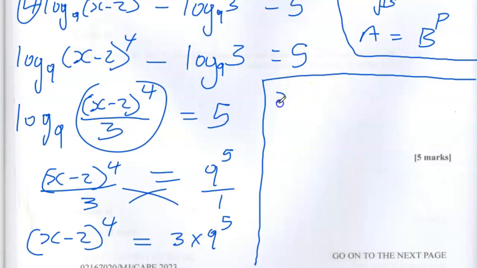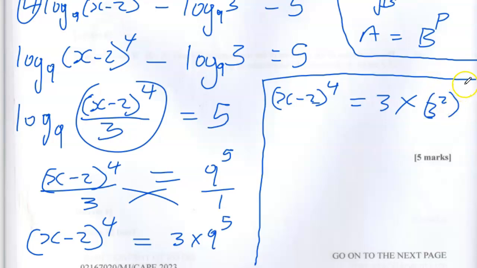One thing we could say is (x − 2)^4 is equal to 3 times 9^5. 9 is the same thing as 3 squared, so this is (3 squared) to the power of 5.